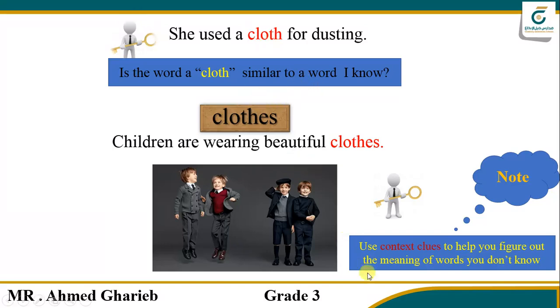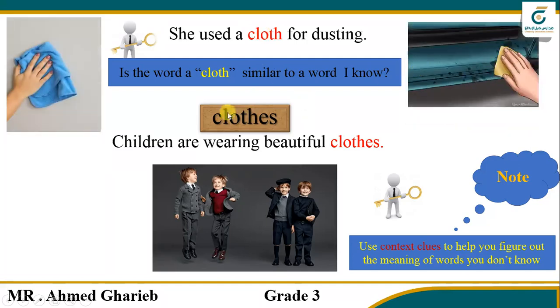Alright, so she used a cloth for dusting, and dusting means to remove dust. When we remove dust, what do we use? Cloth. So cloth and clothes are made of the same material, so I can figure out that the meaning of cloth is a piece of material made from the same material clothes are made of.